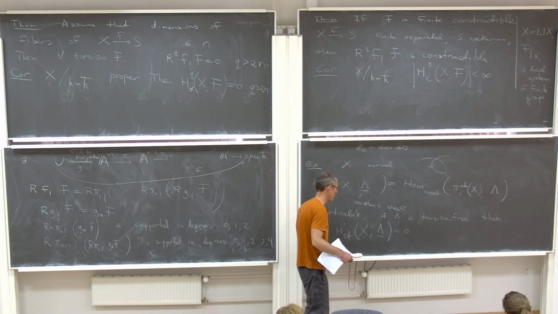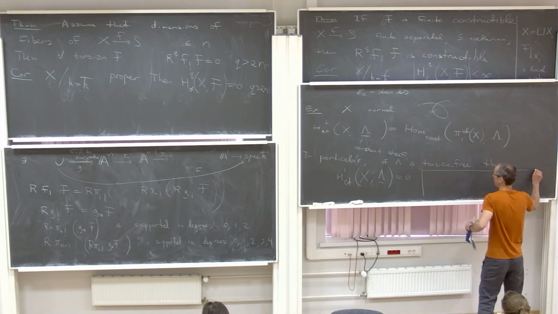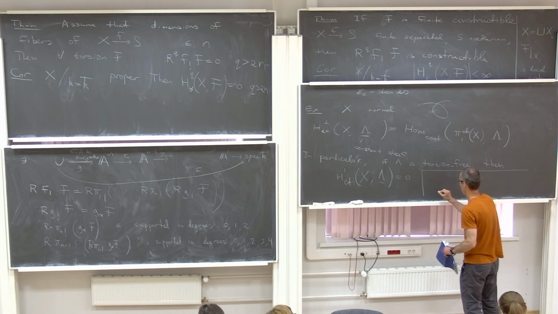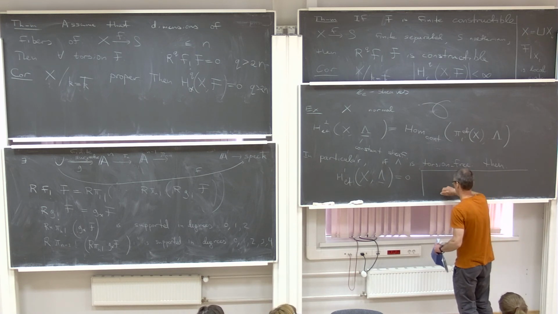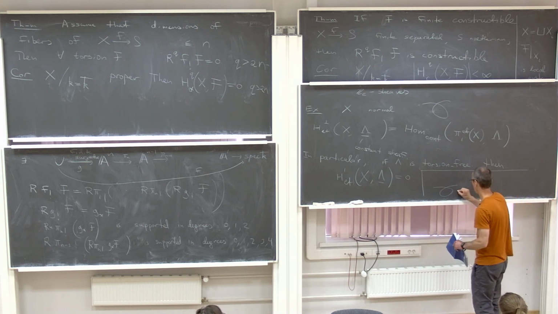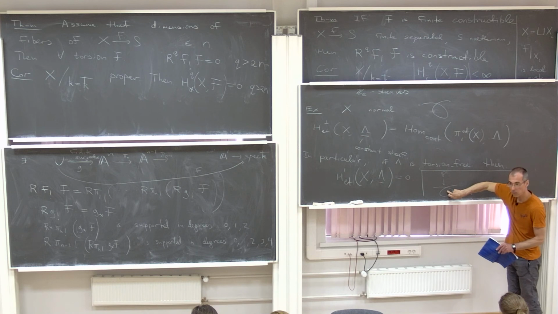So my time is over, so let me just give you one exercise, which will not be used, but still it's a nice exercise. Let's take a cubic with a double point. This is X. And this is P1. So it's a cubic, a rational curve with a single double point.